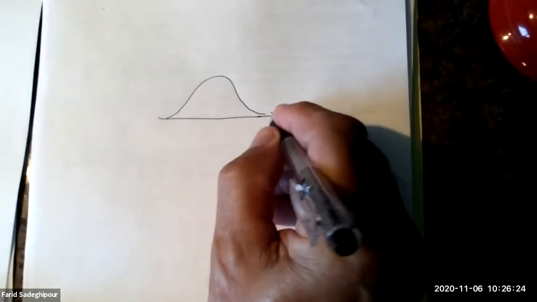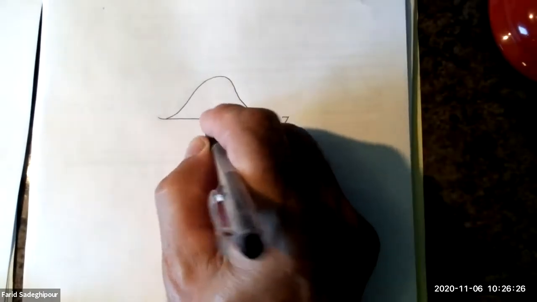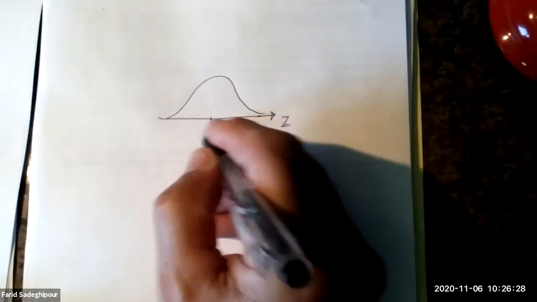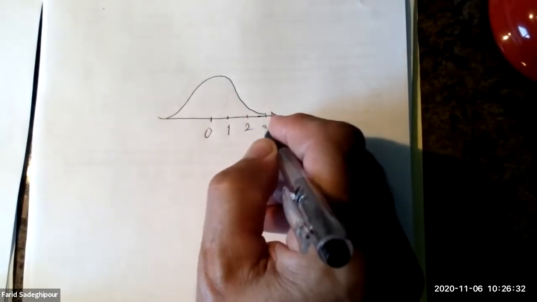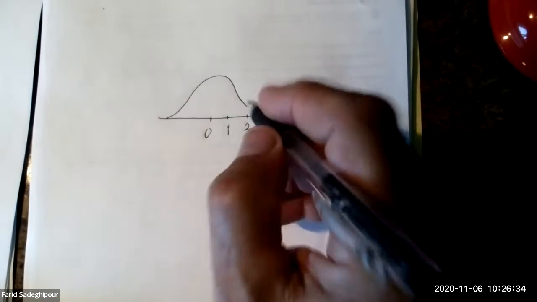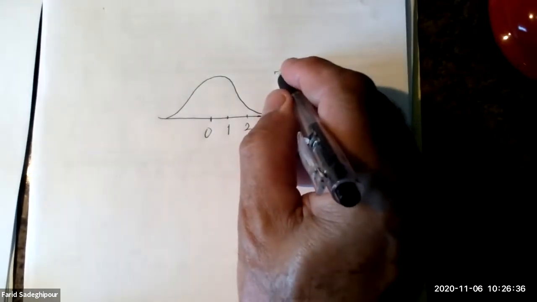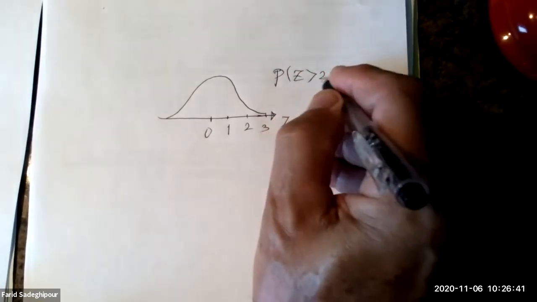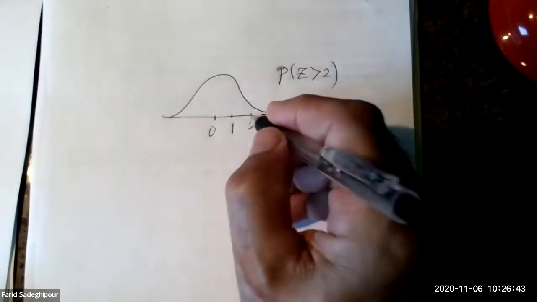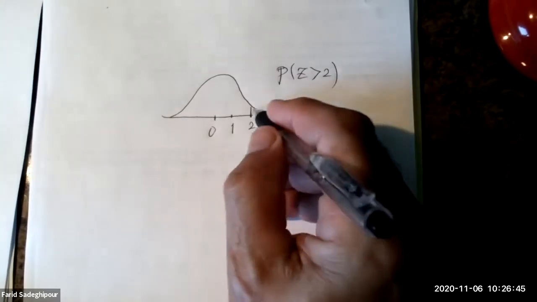If you are thinking of Z, the mean is always 0, and the numbers are 1, 2, 3. So let's say I want to find the probability of Z greater than 2. Probability of Z greater than 2 means this area.